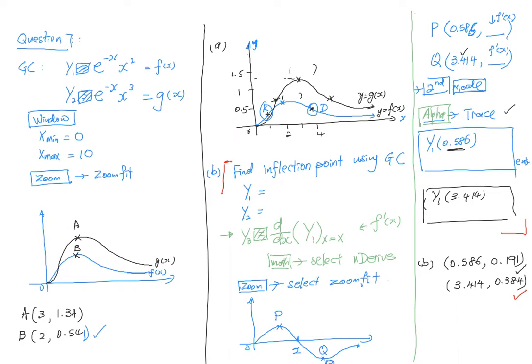Now, can we go to the next part? Especially for inflection point, there are 2 things that you should do: either solve algebraically or use graphic calculator. So please learn how to use graphic calculator. Part C would test you on your algebraic skill.